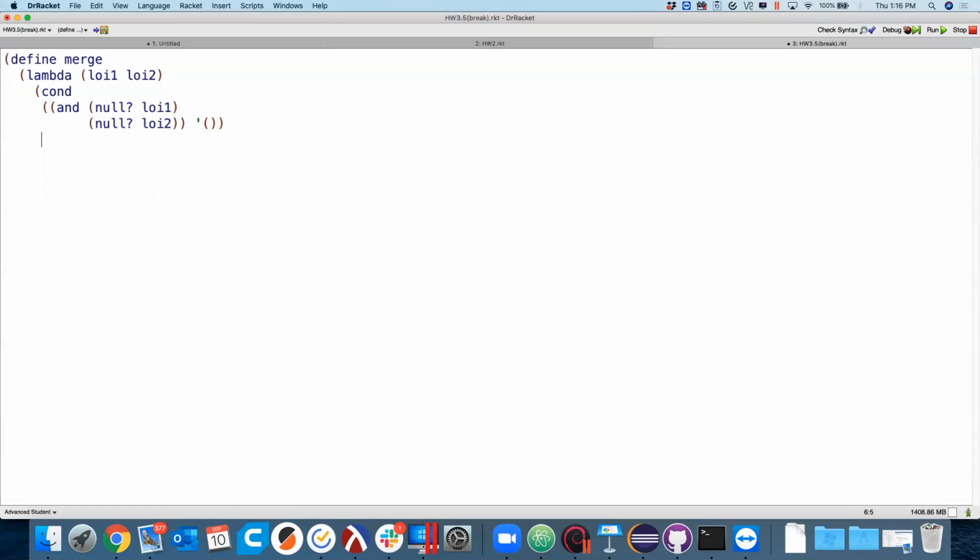We need to stop our cons, the same pattern we've done all along. All right. Now, if they're both not empty, that means at least one of them has stuff in it, right? But they might both have stuff in it. So if they both have stuff in it, then we need to compare the first elements. But at this point in time, I can't just assume they both have stuff in it. So what's the next question I can ask? How do I ask, do they both have something?